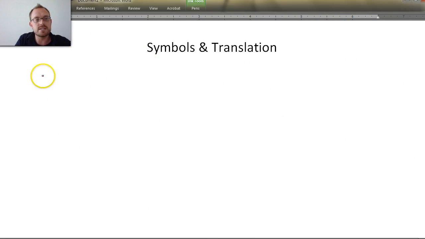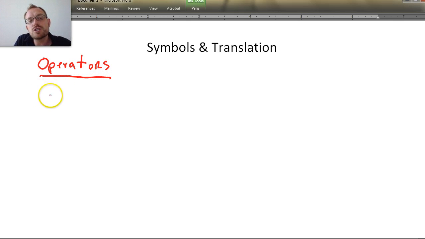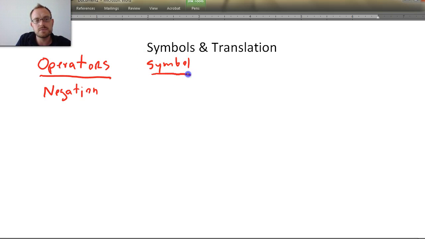What I want to do here is start off by talking about what the different operators are. The first operator here is what we call negation. And what's the symbol we use? By the way, there are actually many different types of symbols that you could use, and in fact, different logic texts use different forms of symbolism.